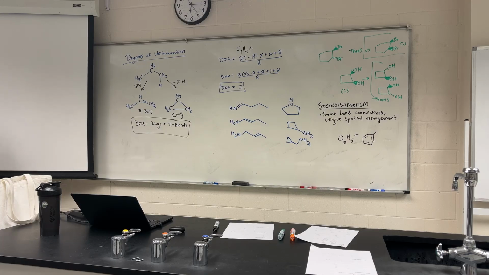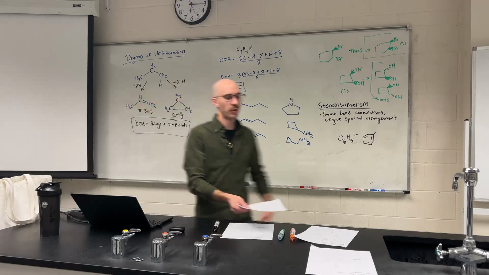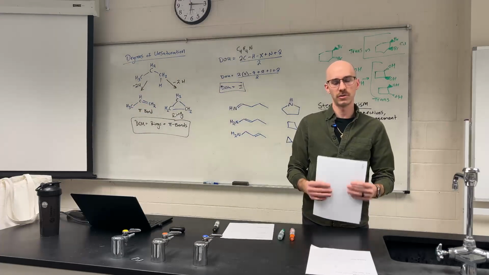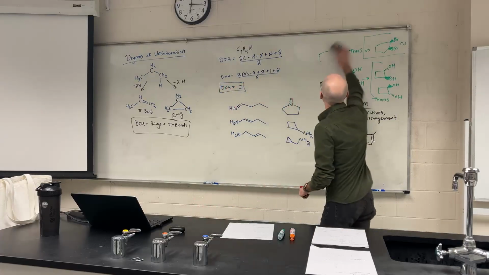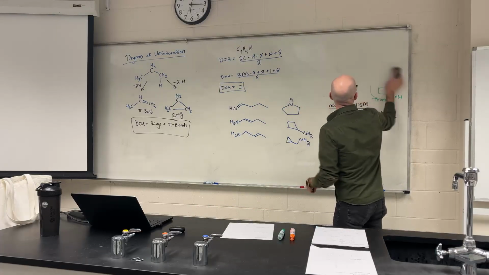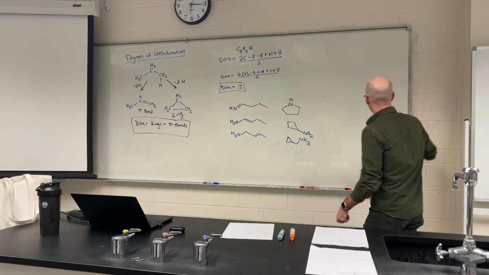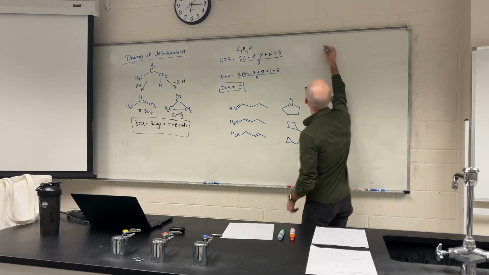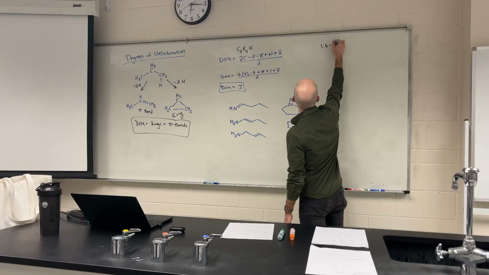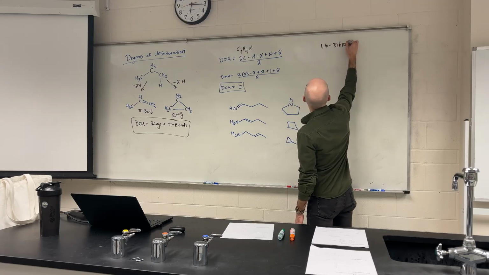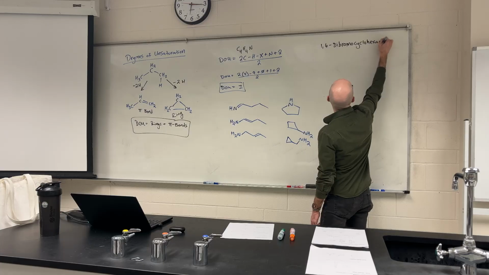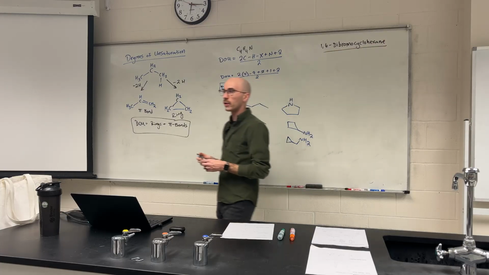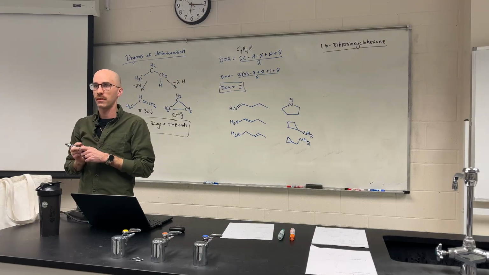So I want to give you an example of what that looks like before we leave nomenclature too quickly. Let's say that you're given the name 1,6-dibromocyclohexane, and your goal is to correct the name.